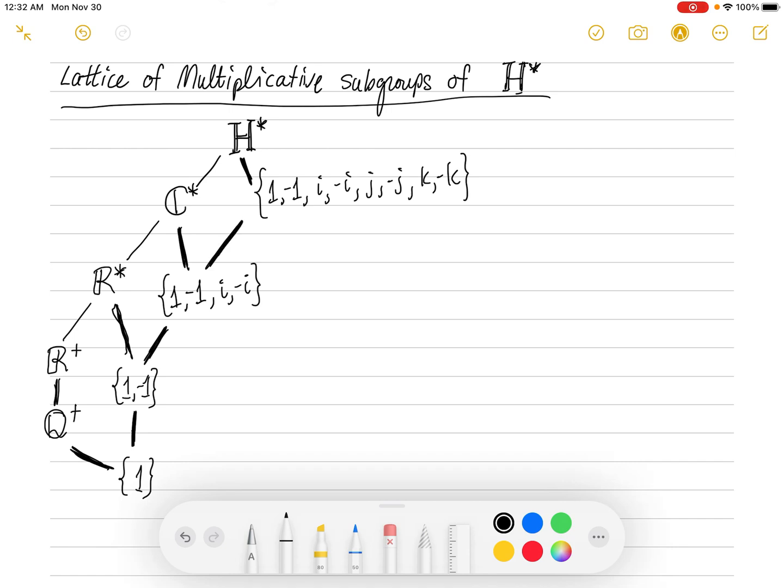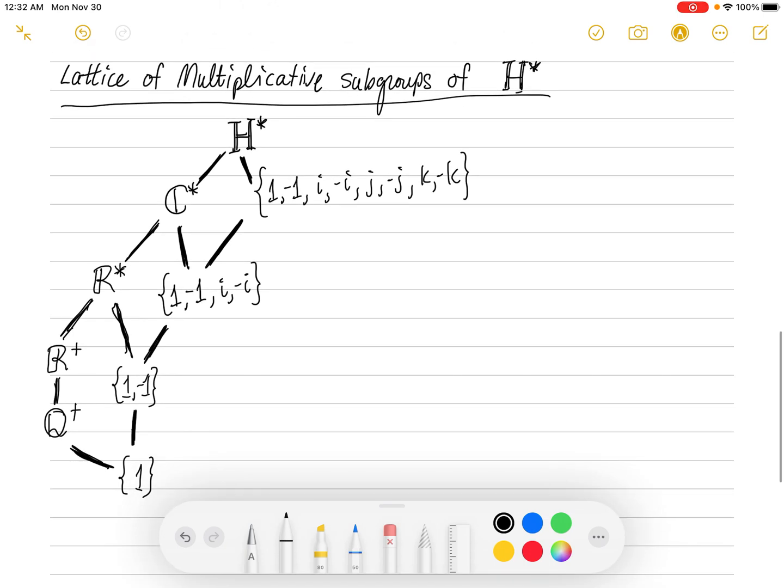Now these are a subgroup of H star, and it turns out 1, negative 1, i, negative i are a subgroup of the quaternion group there. So this is a lattice of subgroups here. Now these are all multiplicative.